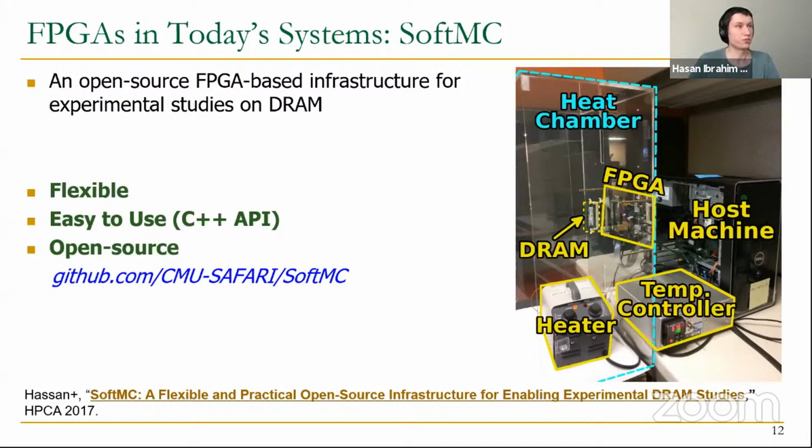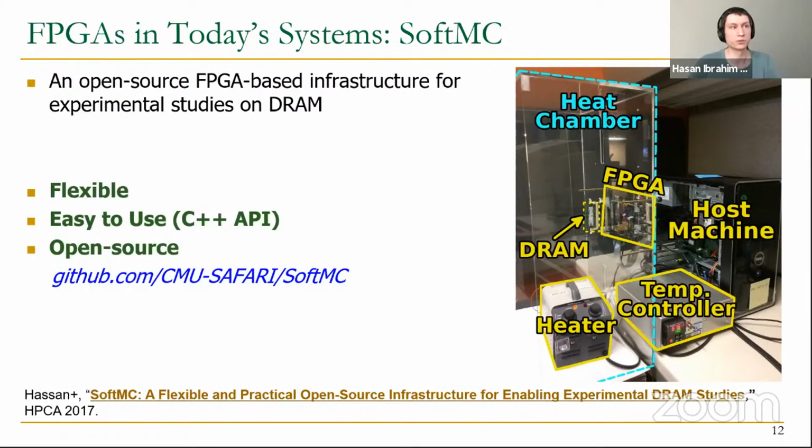Another use case of FPGAs is when you want to interface devices in a more flexible or different way than what the existing systems offer you. In this example, we use an FPGA to implement SoftMC, which stands for soft memory controller, a software-based memory controller that allows us to access DRAM in a flexible way, so we can issue any command at any time and have full control on what's going on in the DRAM interface.